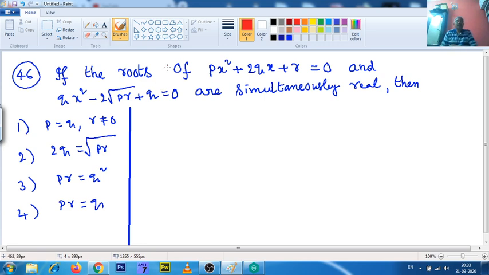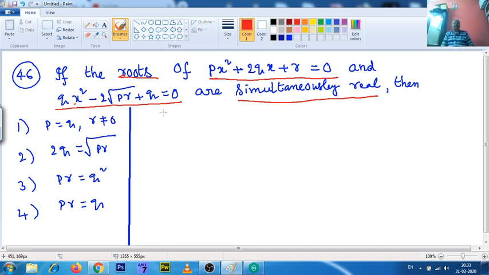Okay, now here the roots of px square plus 2qx plus r equals 0 and qx square minus 2 root pr x plus q equals 0 are simultaneously real. Then we need to find the condition.